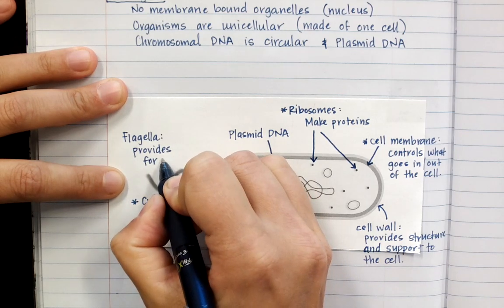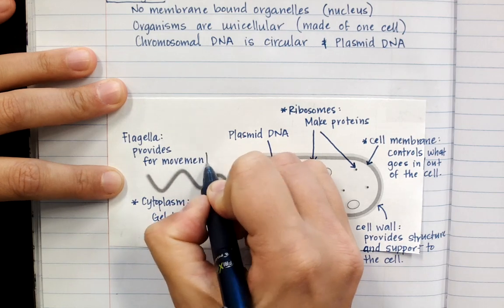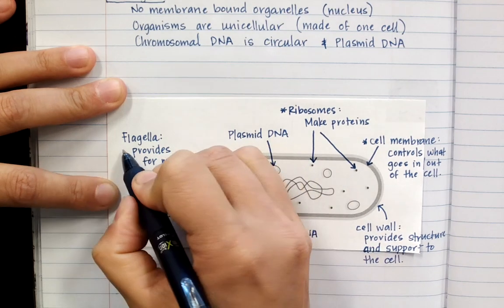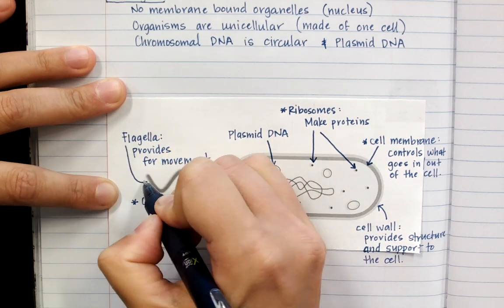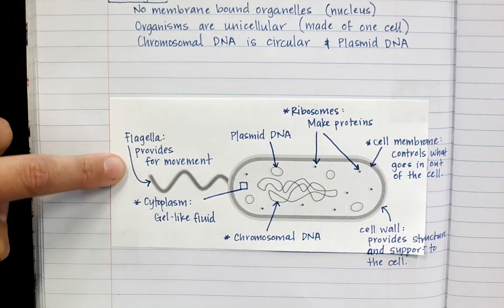And I'm just going to say it provides for movement, because that's an easier word. So this is your flagella, well, the bacteria flagella. And again, not all bacteria have a flagella.